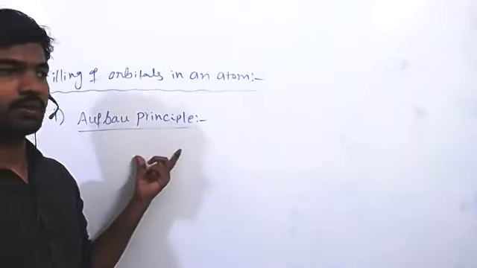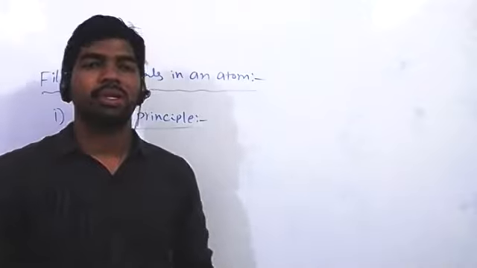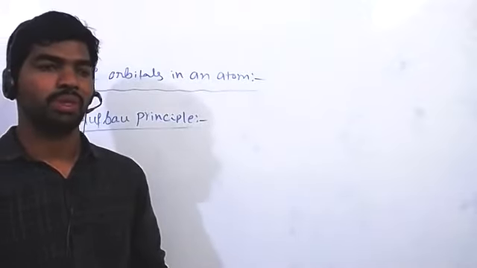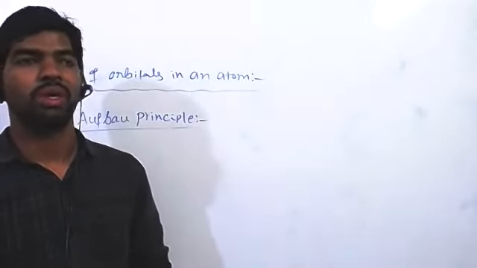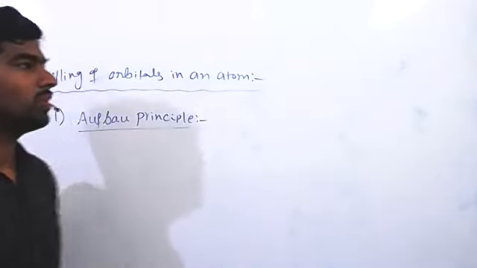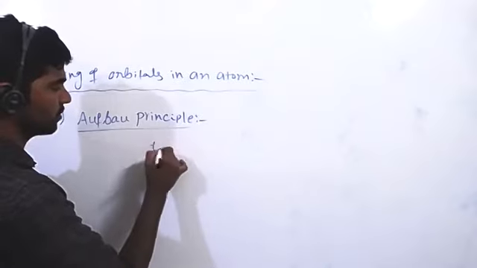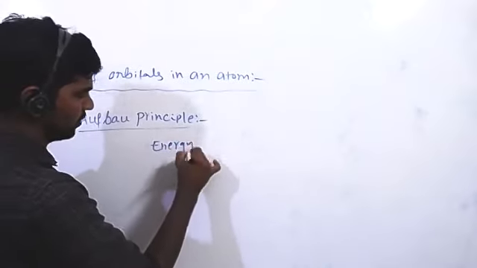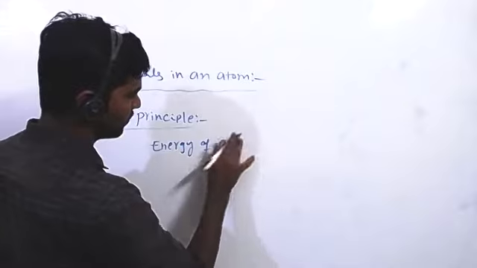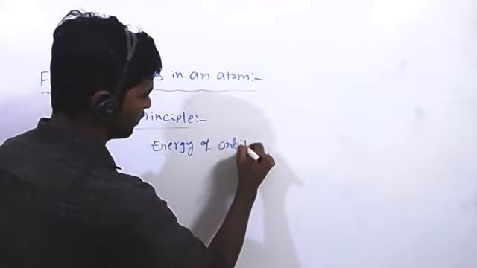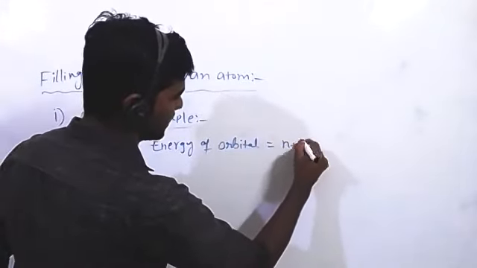According to this rule, lower energetic orbitals are filled first. Then electrons go into higher energetic orbitals. So the energy of an orbital is equal to n plus l.